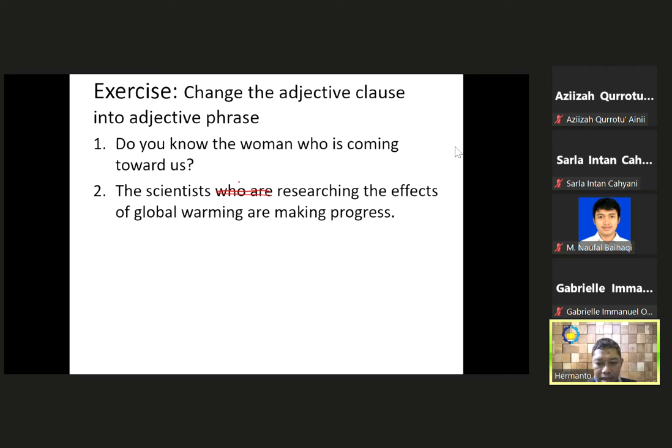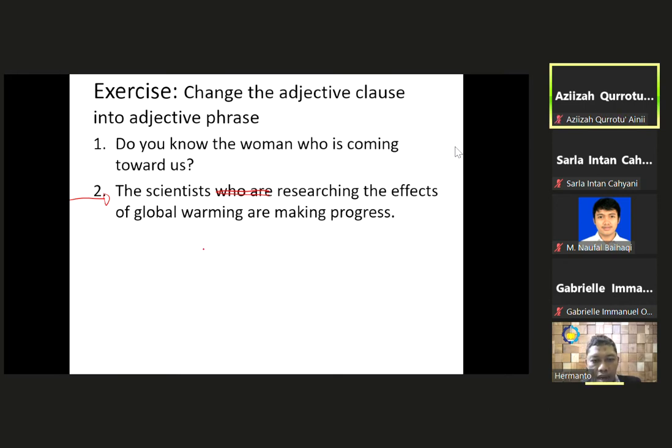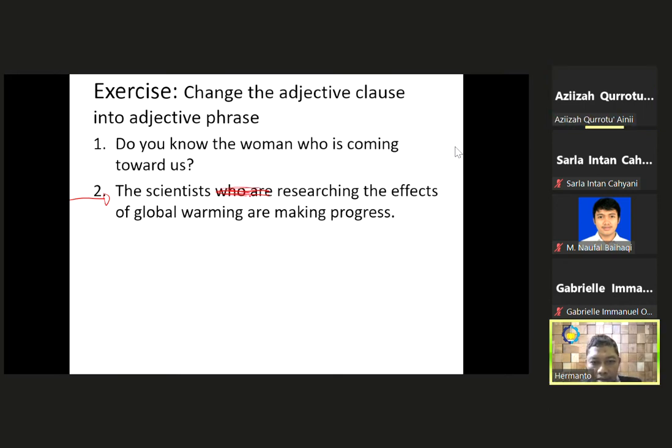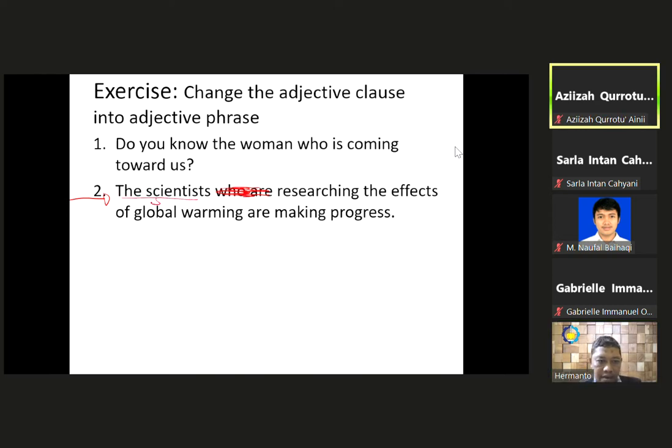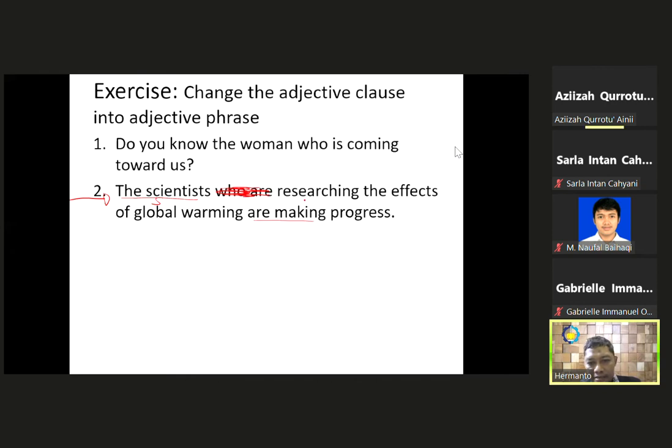Now, Aziza, let me check once again. What is the subject of this sentence after you remove who are? Okay, the scientists. The scientists is the subject. What is the predicate? Researching or are making?